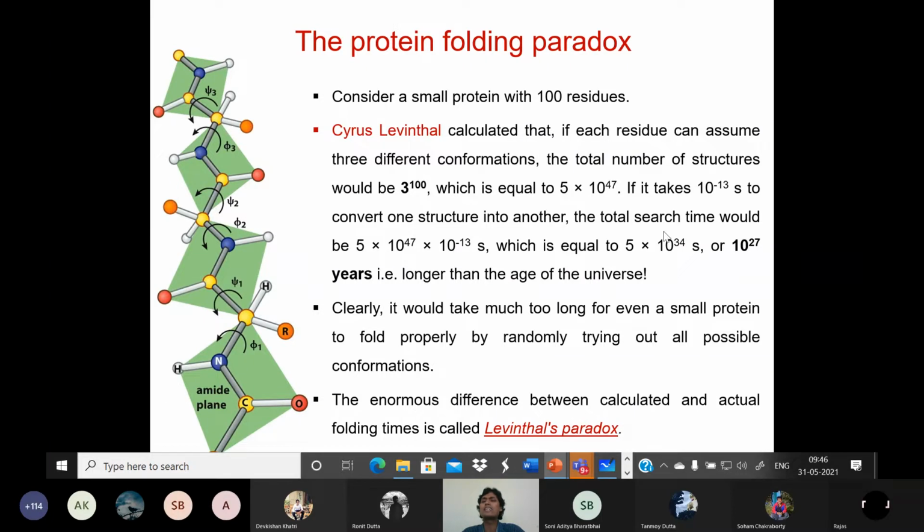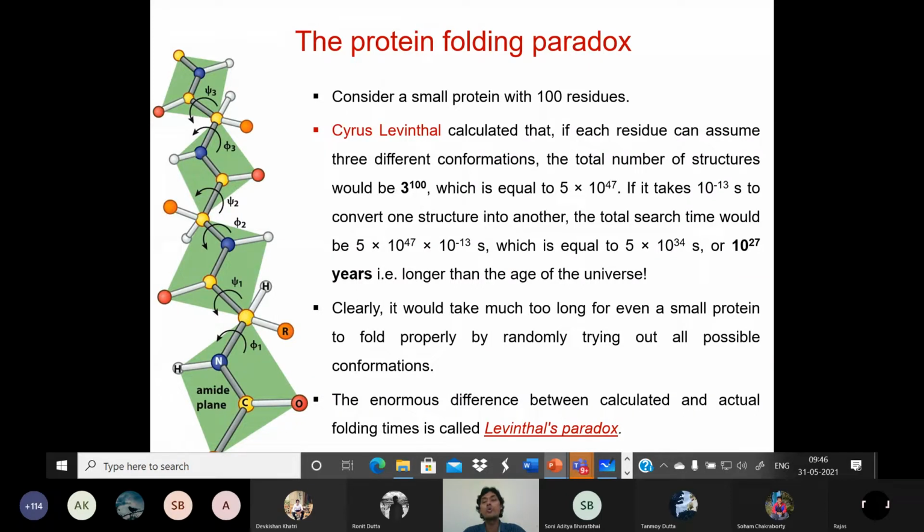Now he calculated that if it takes 10 to the power minus 13 seconds to convert one structure to another, then how long will it take to fold a protein of 100 residue length? Again, this is just a theoretical thing, but that way protein would never fold. So this is the Levinthal paradox.